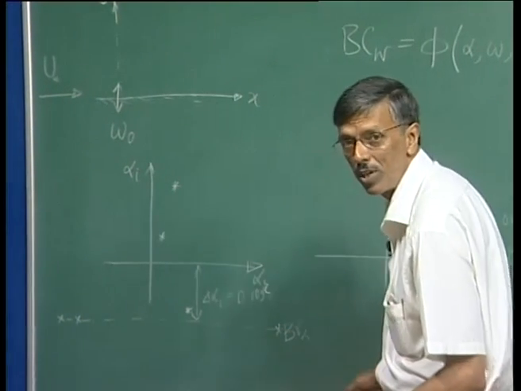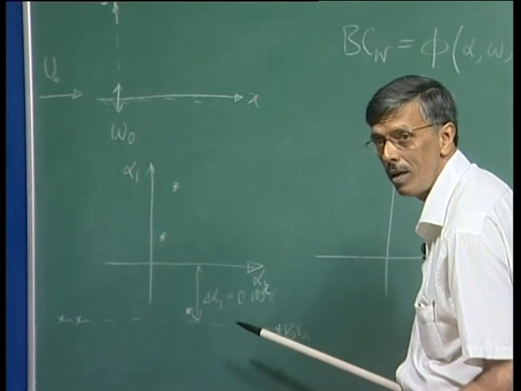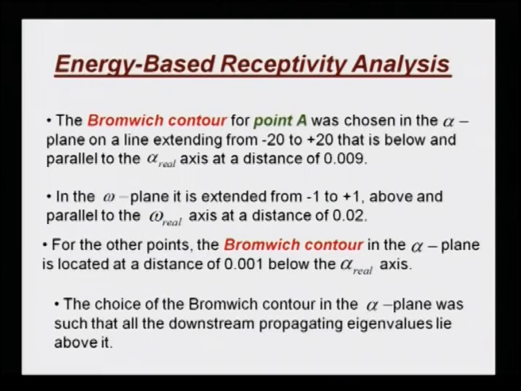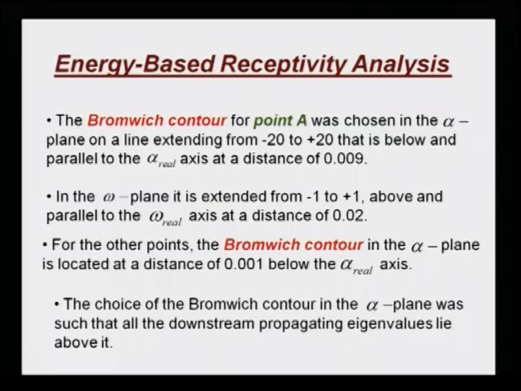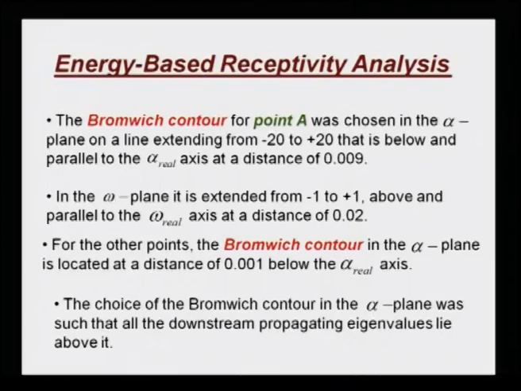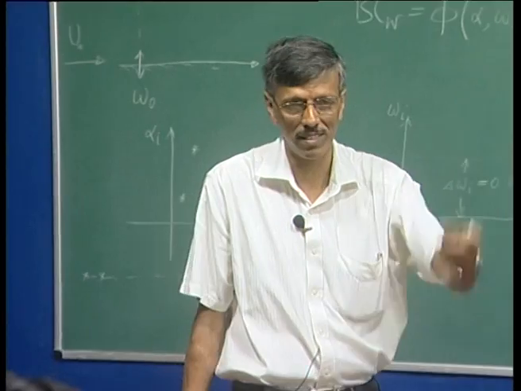Theoretically speaking, you should go from minus infinity to plus infinity. However, we don't want to do this for one reason: we have a finite resolution, we have some delta alpha r possible, and we have treated minus 20 itself as something like minus infinity.